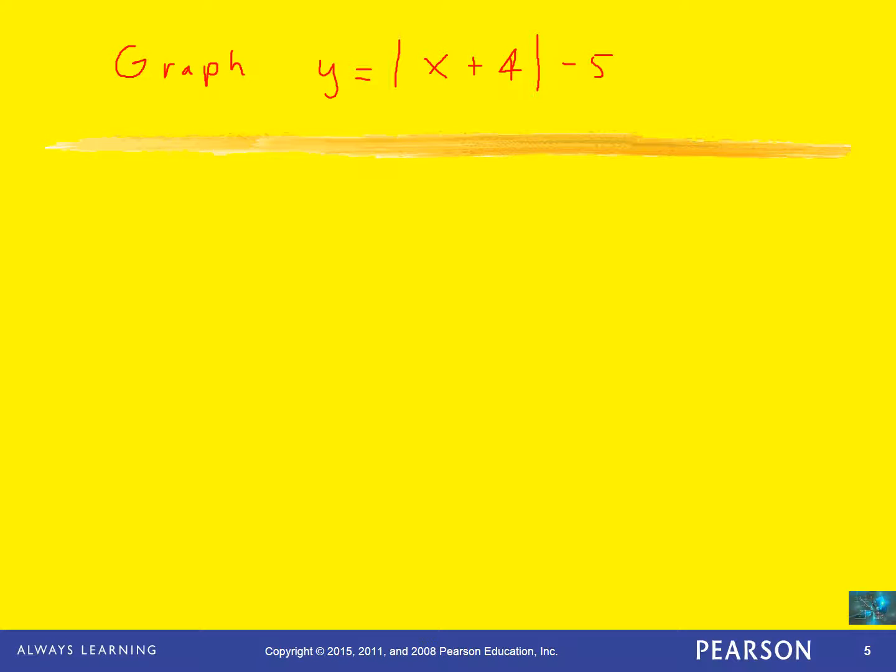Well, it's an absolute value, so of course we're going to start with the graph of the parent function, y equals absolute x, the familiar V-shaped graph, vertex at the origin, and that's stage 1. Then we're going to replace x with x plus 4. We're going to do that graph that we've already seen, y equals absolute x plus 4. And that, of course, is going to mean a shift 1, 2, 3, 4 units to the left.